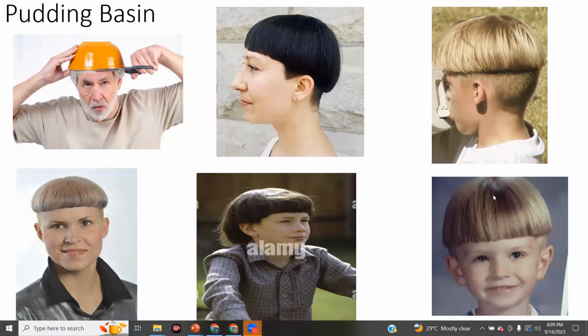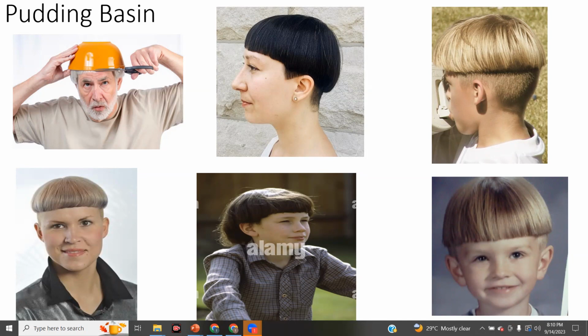Now, the Arawaks did not, you see how this lady, or that gentleman, cut all the hair back? They wouldn't cut all the hair back. Just like how this gentleman would leave some in the back, they look more like this gentleman right here. They would cut the front, but they would leave the back. All right, so that's what I mean by the putting basin style.